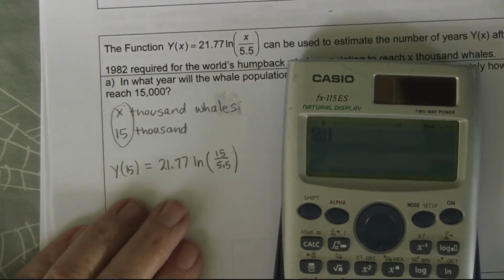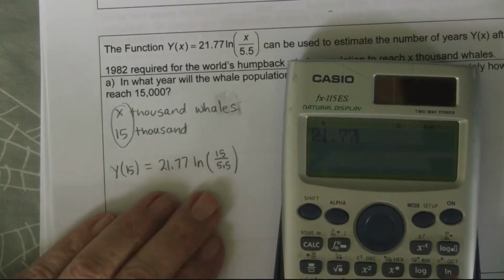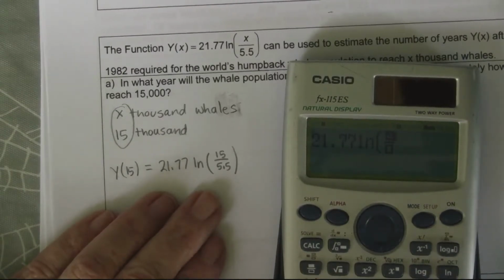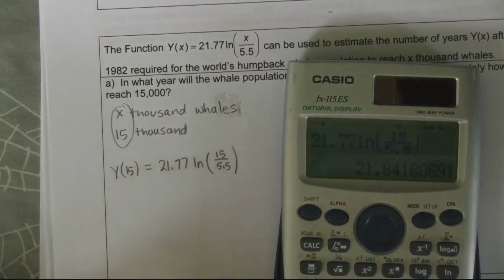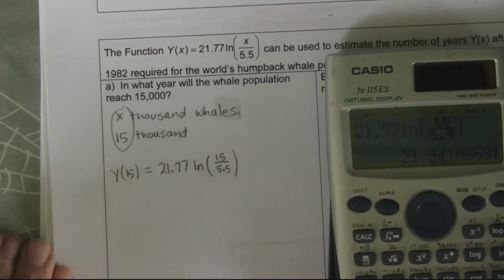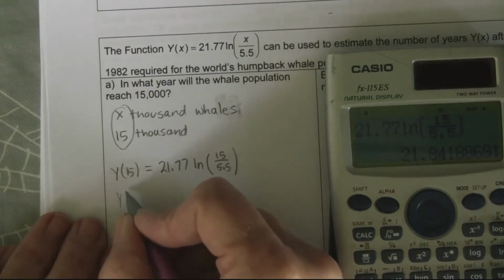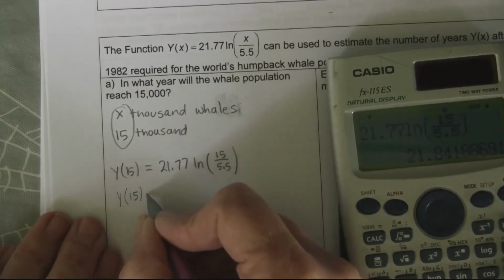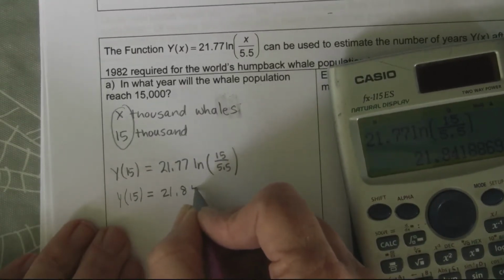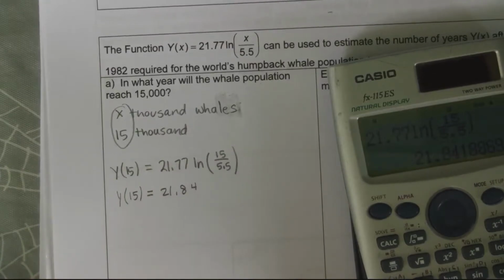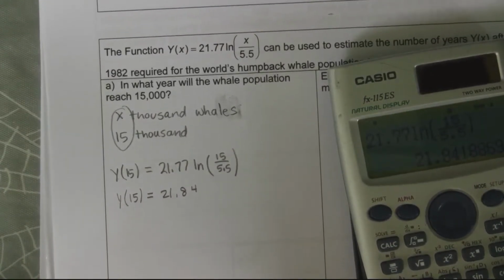Okay, so 21.77, the natural log. I hit the natural log, and then I wanted a fraction, 15 divided by 5.5. And we get 21.8. And this is a number of years. Would you agree with me that this is around 22 years?